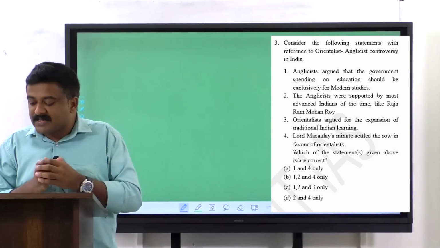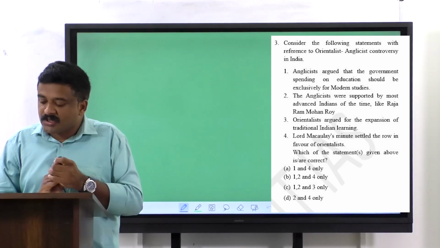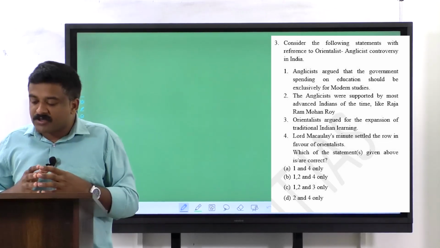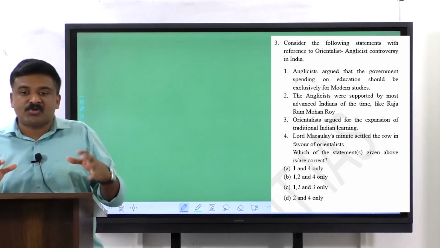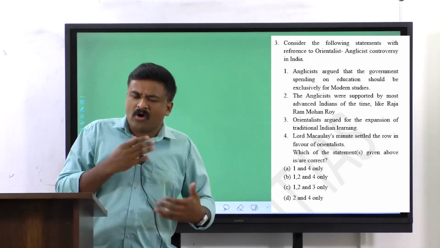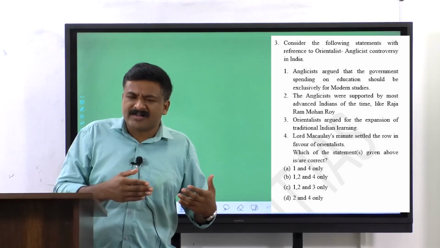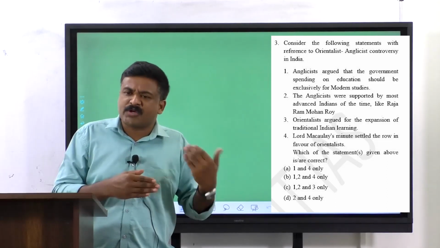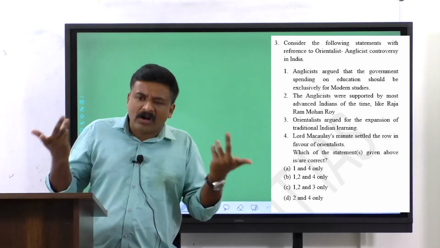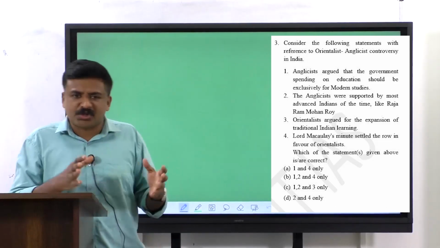Lord Macaulay's minute settled the row in favor of Orientalist. These are the four statements. The question is, what all regarding the Orientalist Anglicist controversy is true in India? Can you say this Orientalist and Anglicist controversy is related to civil service reforms, revenue reforms, judicial reforms, educational reforms? What reforms? Educational reforms.